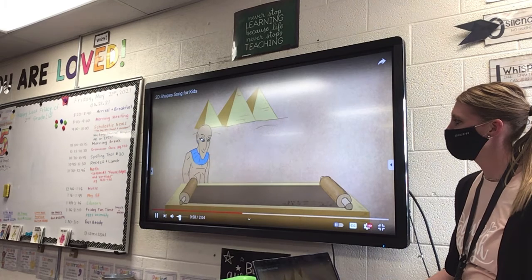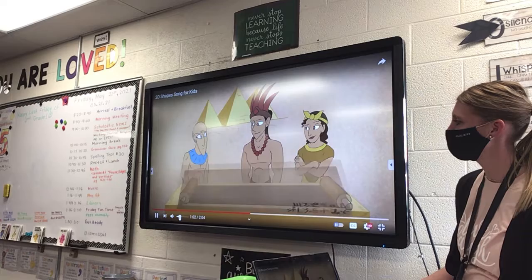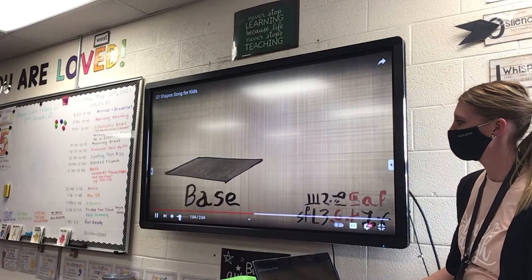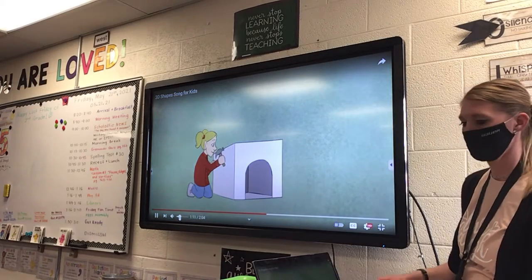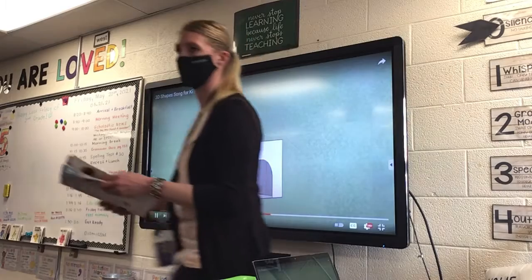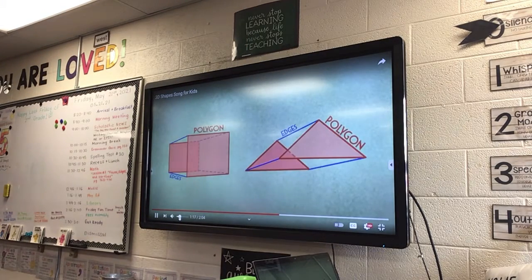Pyramids are what the ancient Egyptians made. The Mayans and the Aztecs did the same. They're made with a polygon at the base and triangular faces that meet in one place. Some prisms are rectangular, like a room. Some prisms are triangular, like a roof. Polygons and edges joining at the vertices make a prism, as you can see.